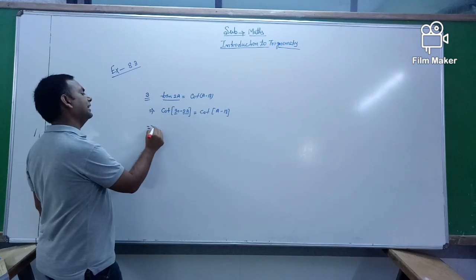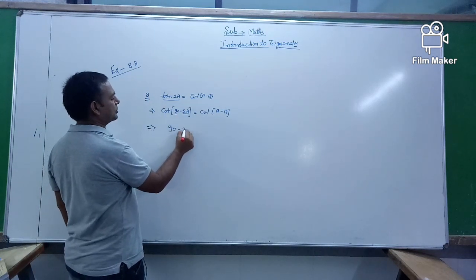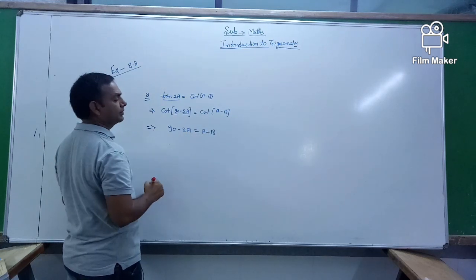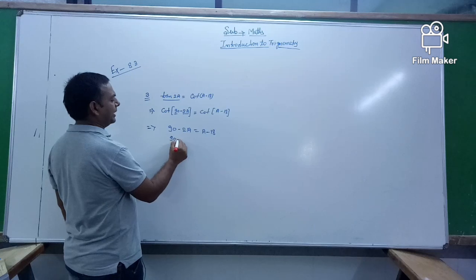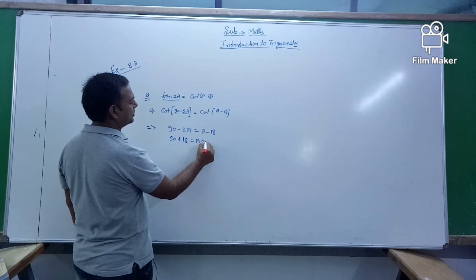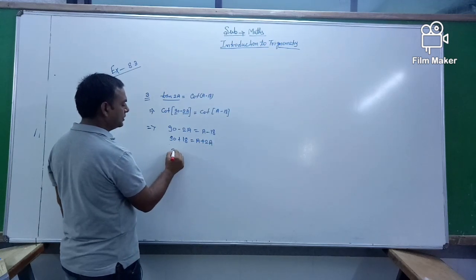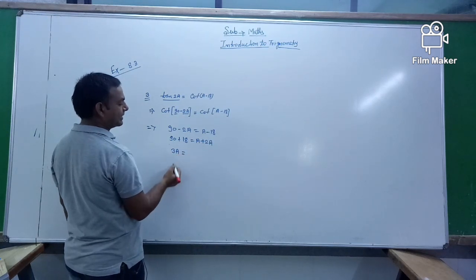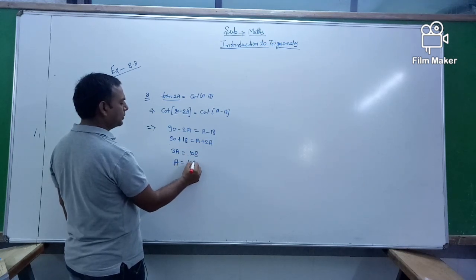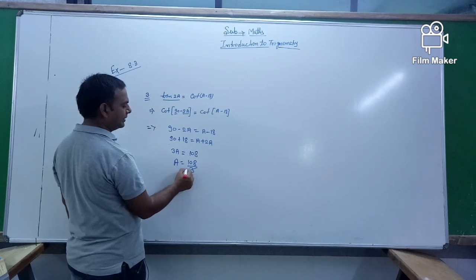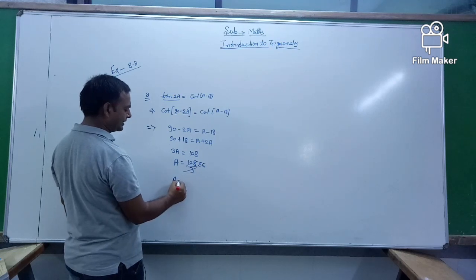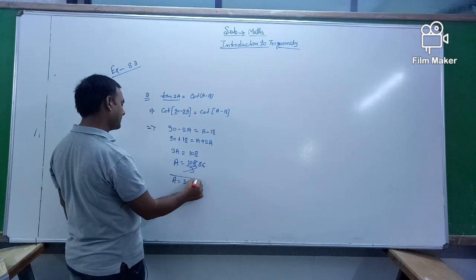After comparing both sides, 90 minus 2a is equal to a minus 18. So 90 plus 18 is equal to a plus 2a. So 3a is equal to 108, and a is equal to 108 divided by 3. 3 3s are 9 and 3 6s are 18. So a is equal to 36 degrees.